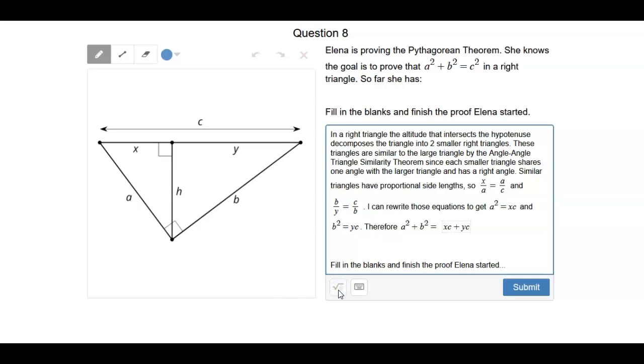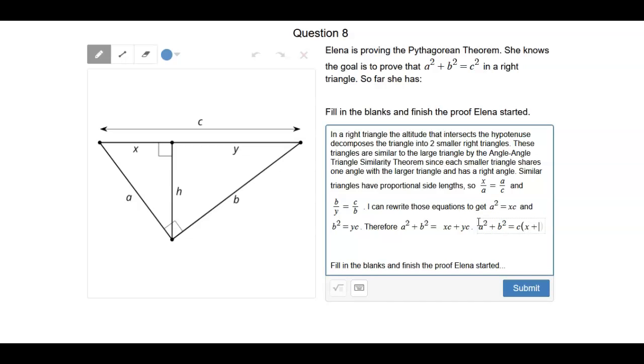plus yc. So here's where your algebra skills are going to come in. So a squared plus b squared is equal to, now on this side you notice that both of these terms have a c in them, so we're going to undistribute that c, we're going to factor it out.